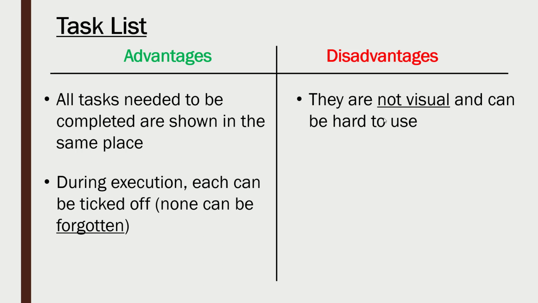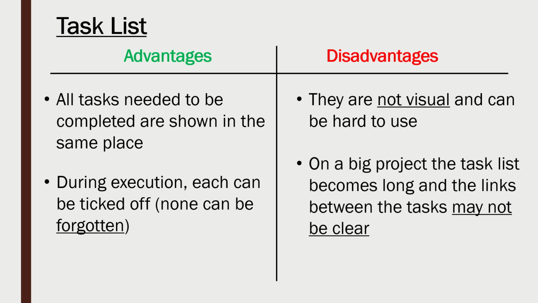They're not visual at all, really just a bunch of text in a table or on a list, and so they're not always easy to use, especially if you're trying to communicate them to your team members. If you wrote the task list, it may not be easy for someone else to understand, especially because we haven't got any concurrency or dependency shown.